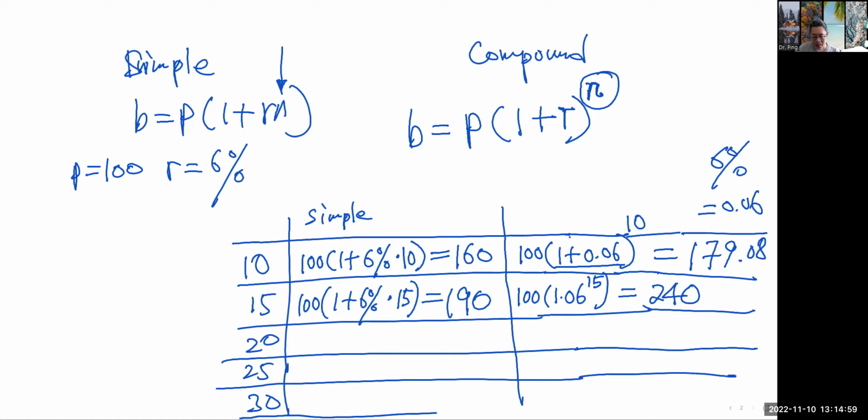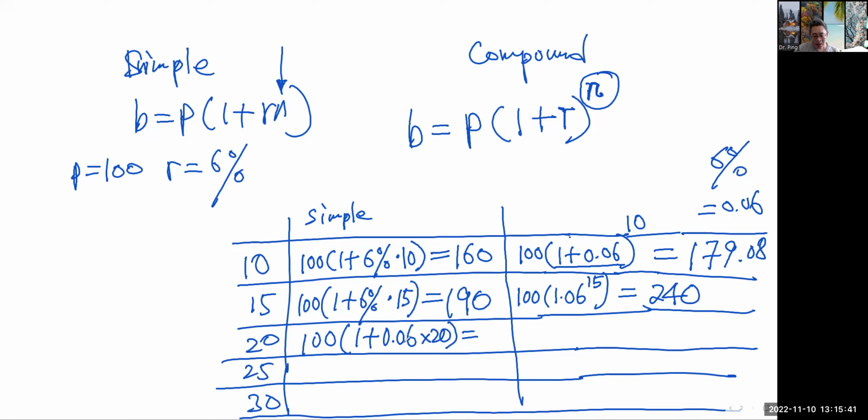Let's see how that goes for 20 years. Simple is 100 times (1 plus 0.06 times 20). Sorry, it's not 15 anymore, this should be 20.